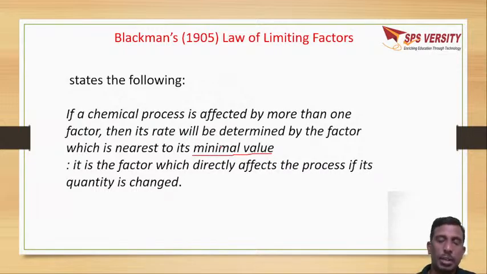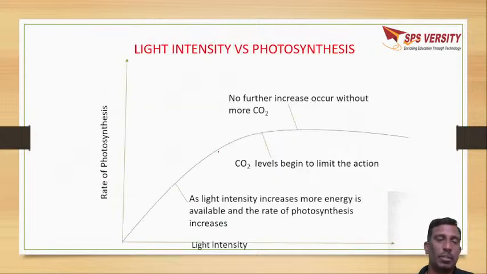Like the rate of photosynthesis and light intensity, with CO2 and light. If you go on increasing the light intensity up to some extent, there is an increase in the rate of photosynthesis. When you keep the CO2 concentration constant, light is not a limiting factor, CO2 is the limiting factor.